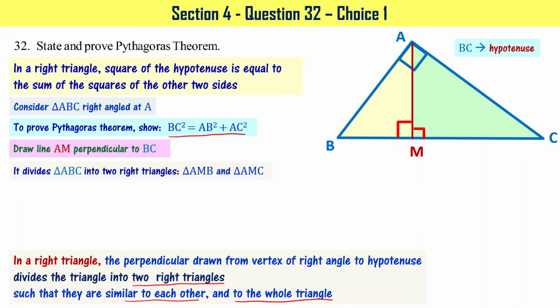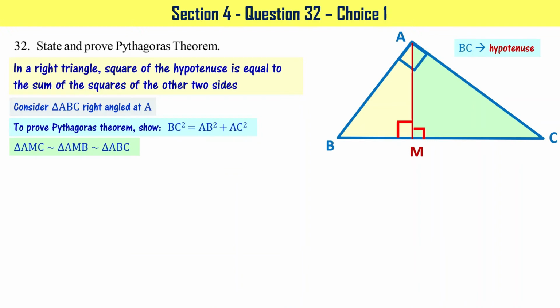It means triangle AMB and triangle AMC are similar to each other and they are similar to triangle ABC also. Let's write that. Triangle AMC is similar to triangle AMB and that is similar to triangle ABC. Let's take a note of that.